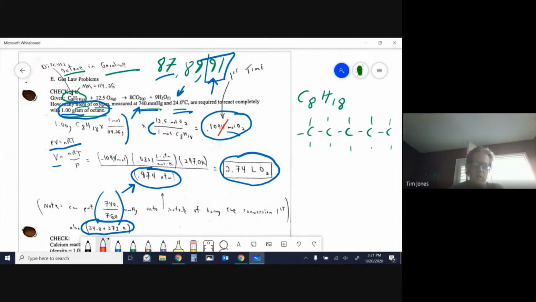That's a way of keeping extra digits in your numbers, but reminding yourself that they're not significant. So in this case here, we get 0.1094 and other digits. And this has 3, this has 3, that's perfect. So really my answer should have 3, but I've not finished the problem yet.